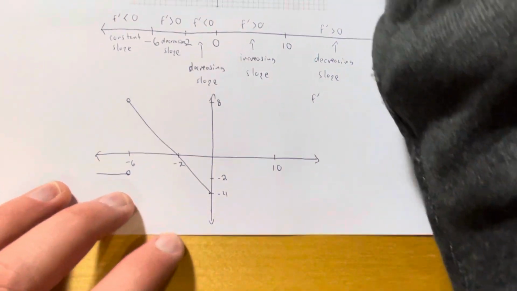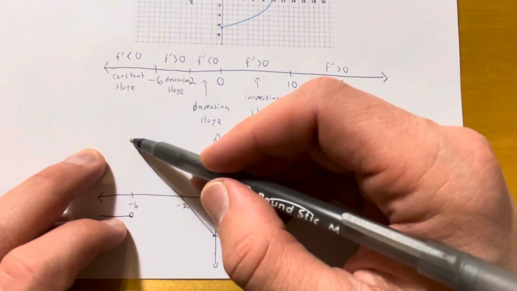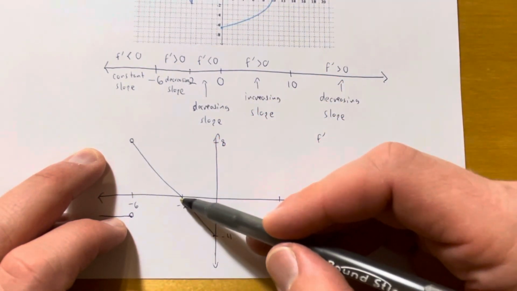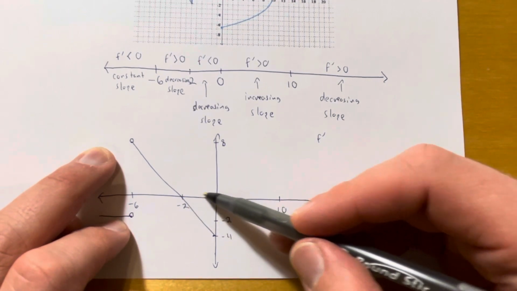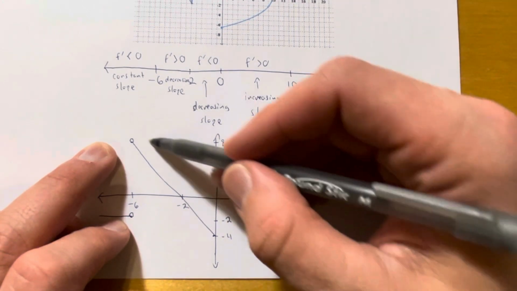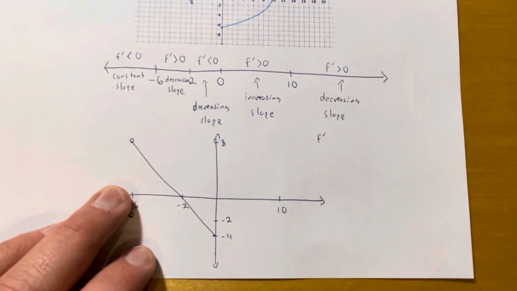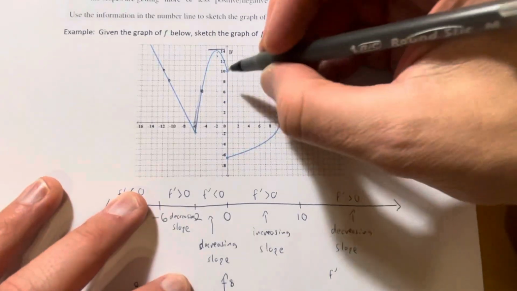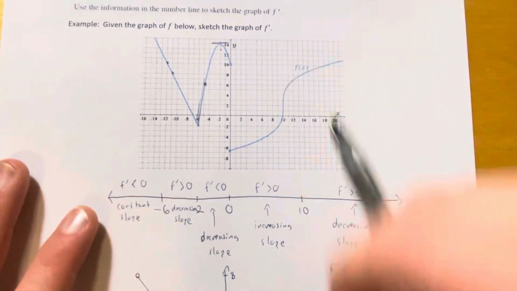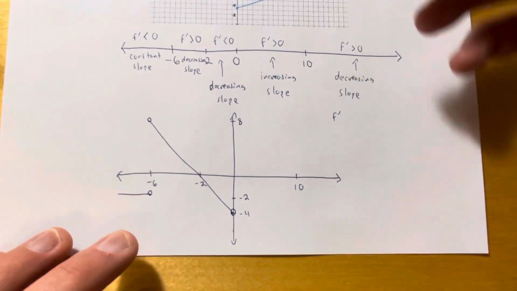Sorry about that. But what I'm trying to say is that because we dropped 8 units from here to here, and because we're going half the distance in the x direction here, we should go half of that 8 units from here to here, down to -4. Okay, now the function is not differentiable here because we have a discontinuity. So I should indicate that with an open circle like that.